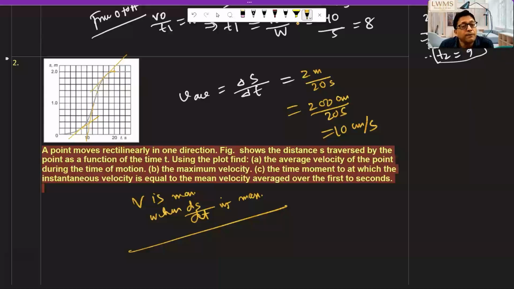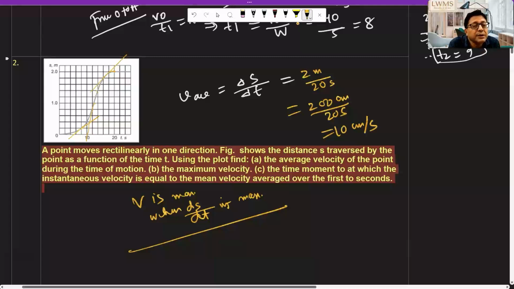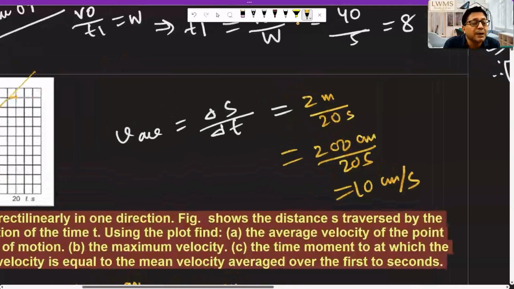Maximum slope, then maximum value of velocity. So at which point? Graphically you think. I think it is steeper at this point. Maximum steepness occurs at this point. The graph will be steeper at this point.